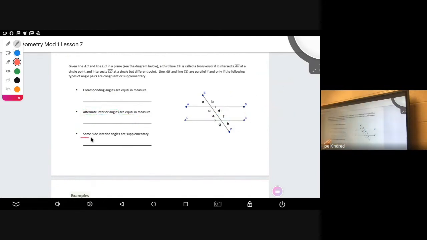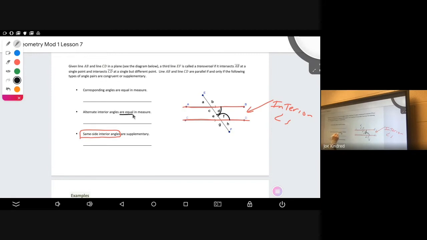The third concept is same side interior. And so again, I mentioned that these are the interior angles, inside meaning in between the two parallel lines. And same side means just that, on the same side.